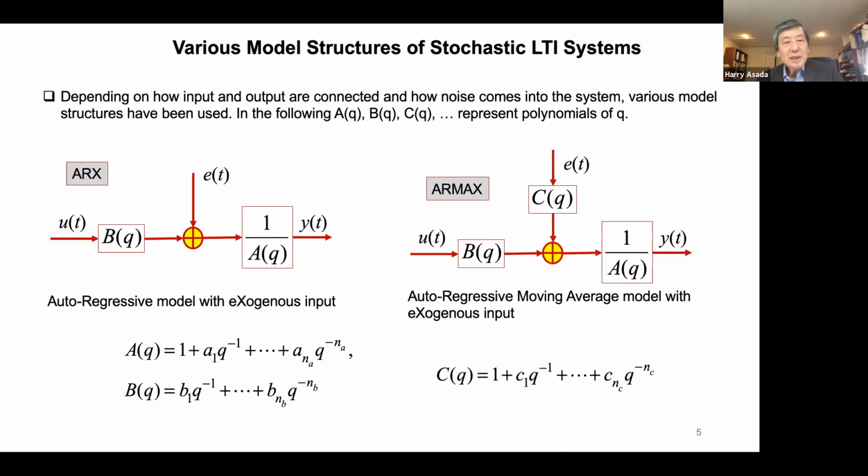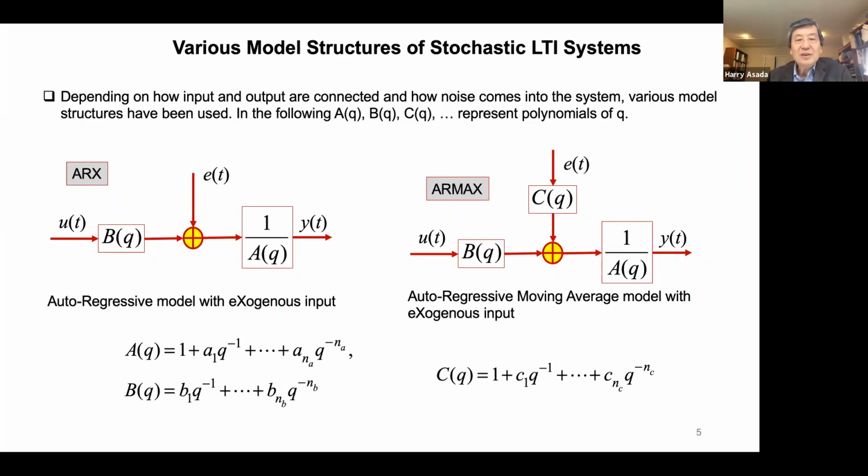So, the various model structures that can be considered for stochastic linear time invariant systems, depending on how input and output are connected, and how noise comes into the system.